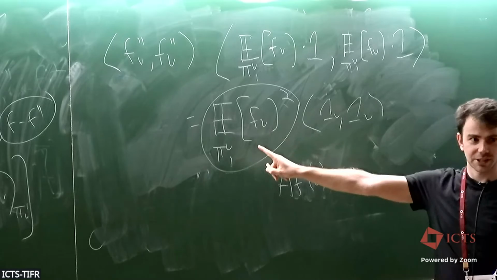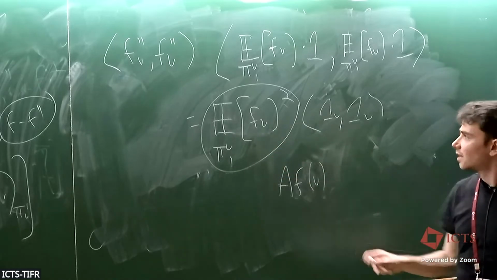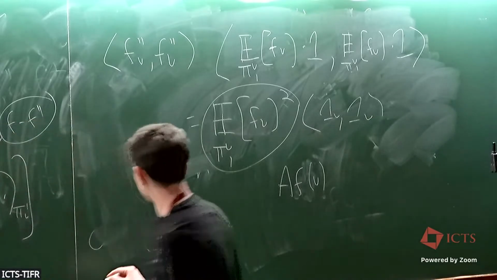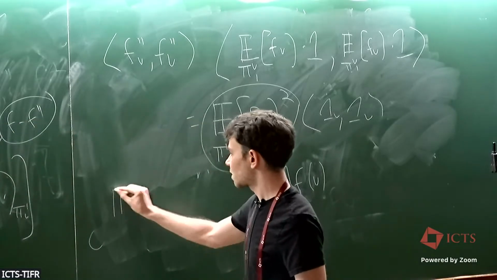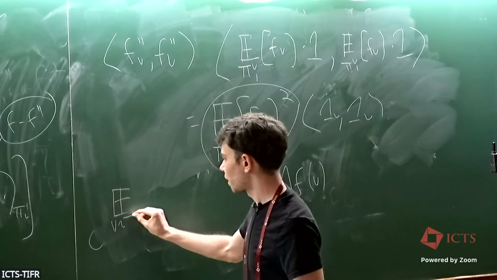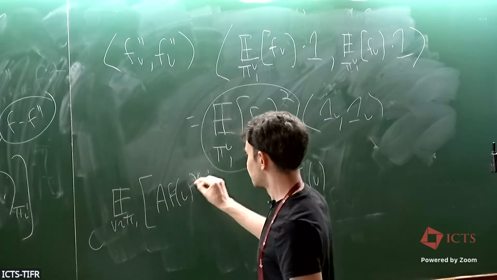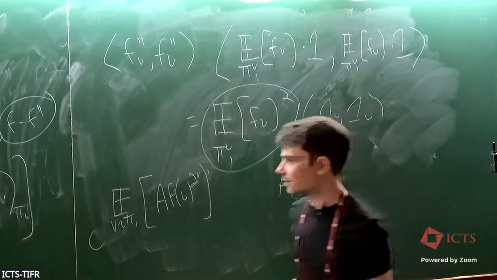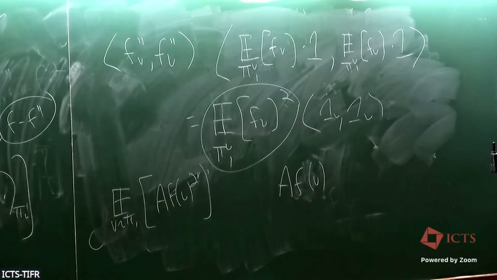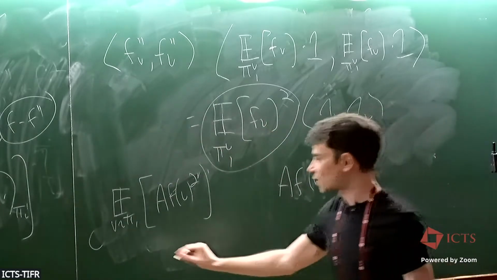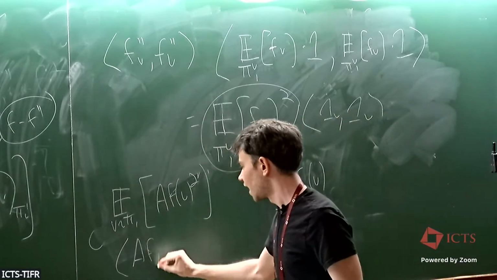So I can rewrite this expectation of this inner product. This is exactly the expectation over pi 1 of AF(V) squared. I've just traded in how I decomposed F parallel to this term. This is just the inner product of AF with itself.